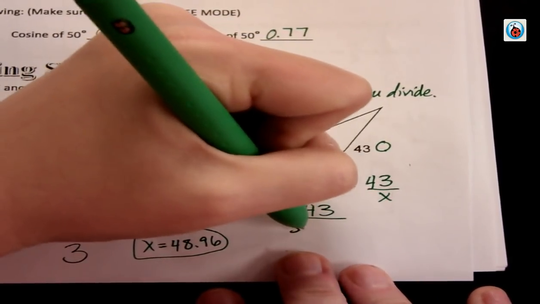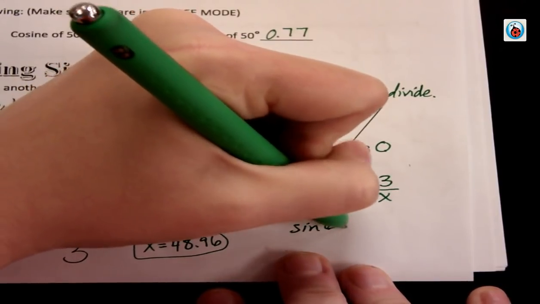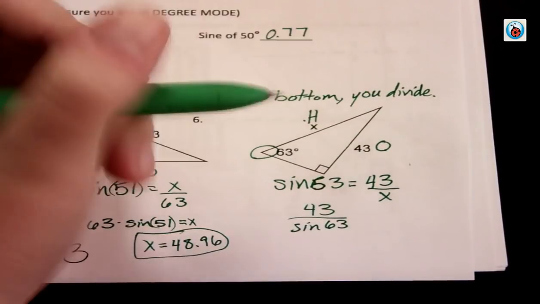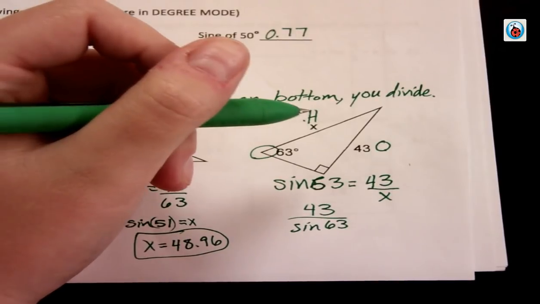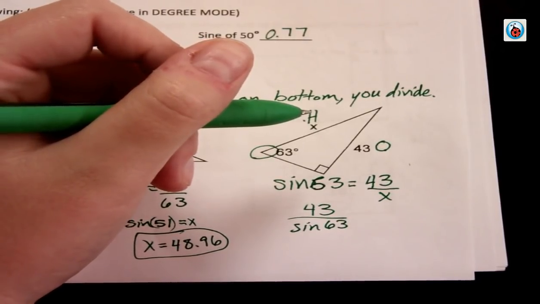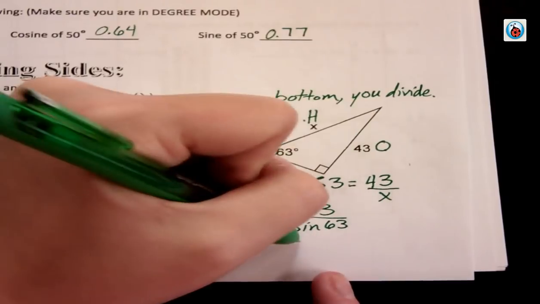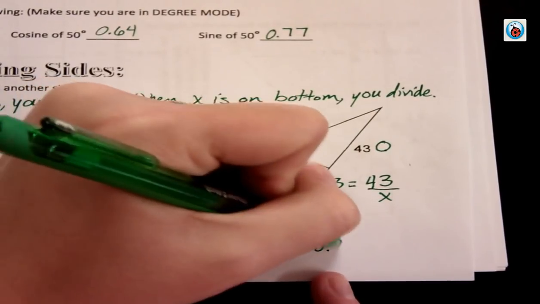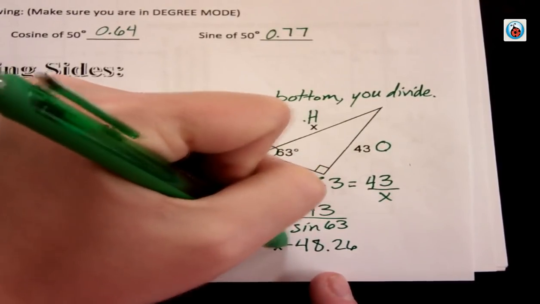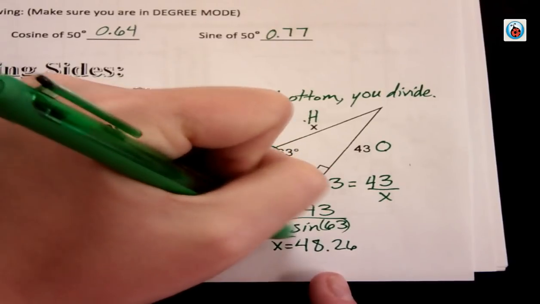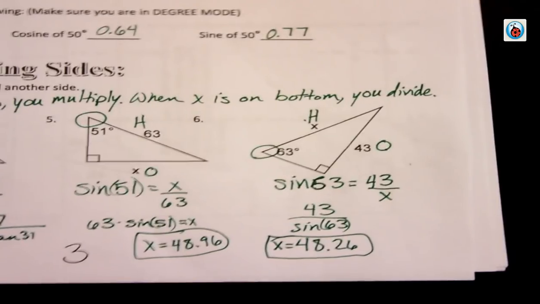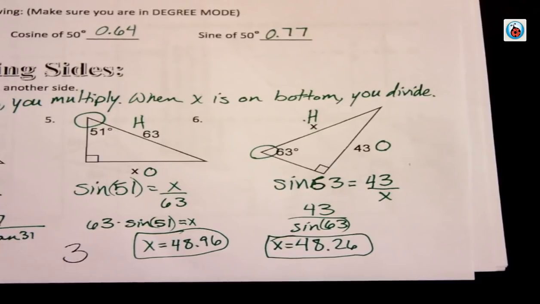So 43 divided by sine of 63. Put it in our calculator. We get 48.26. Make sure you put the 43 in first. You're dividing 43 by sine of 63.